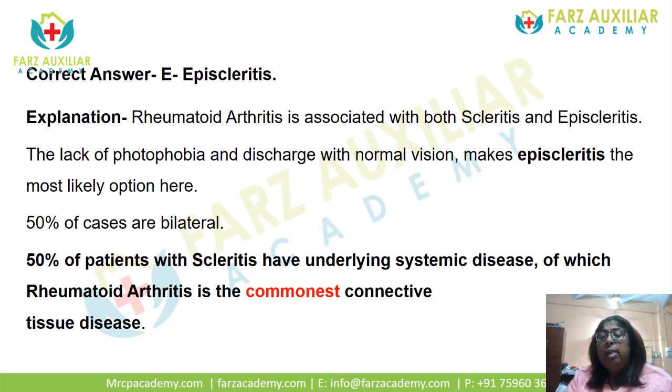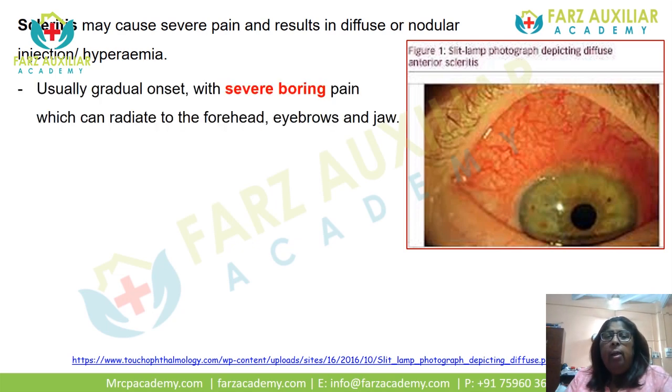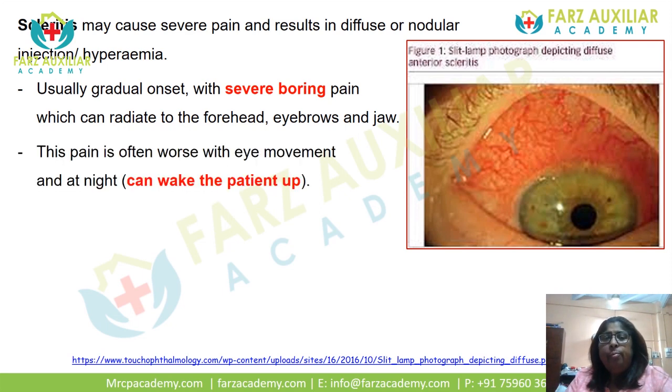Scleritis may cause severe pain and result in diffuse or nodular injection or hyperemia. Usually gradual onset with severe boring pain which can radiate to the forehead, eyebrows and jaw. The pain is often worse with eye movement and at night and can actually wake the patient up.